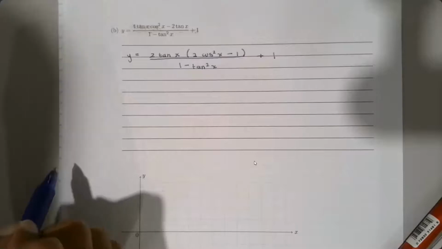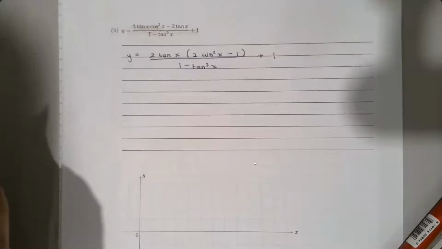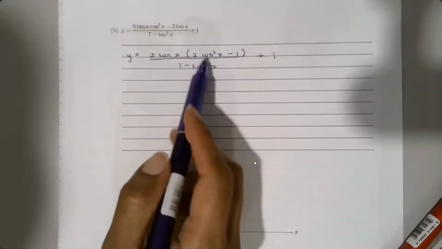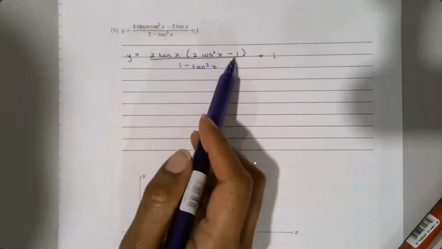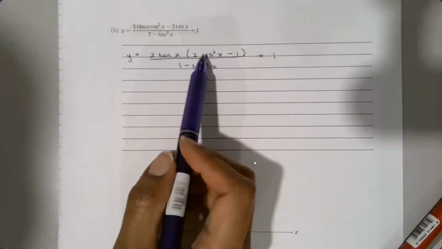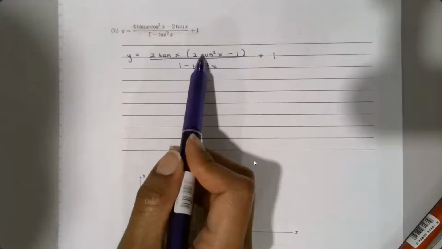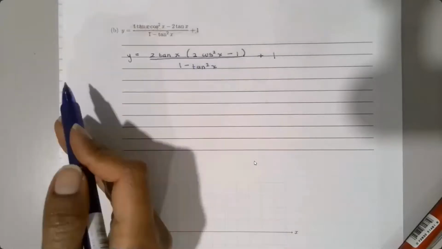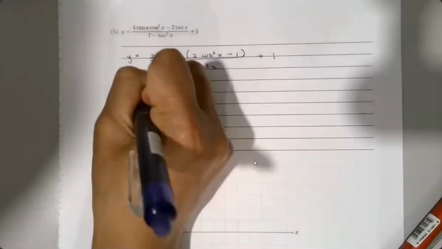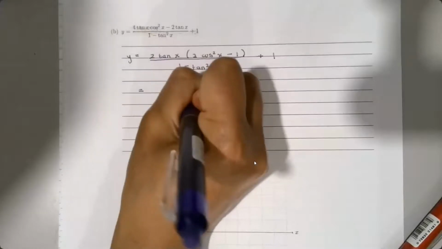Now, again, it still looks quite a bit complicated. I have tan x's, but tan x being multiplied with the 2 cosine squared minus 1. Because there are no formulas or identities that have that type of product, a tangent with the 2 cosine squared x, I want to separate all of the tangents from the cosines. What I mean by that is similar to what we did in an earlier problem. I'm going to break this up into the product of 2 fractions.